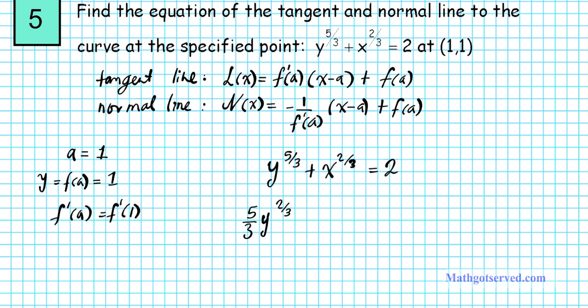This is the same as dy/dx. Applying the power rule to the x term, we have 2/3 x to the negative 1/3. Since we're differentiating with respect to x, there's no need for an x prime. The derivative of 2 is 0.